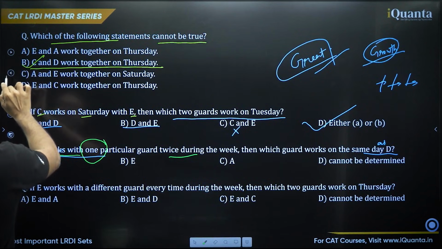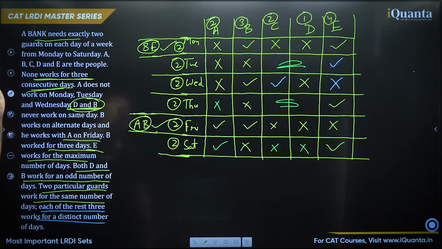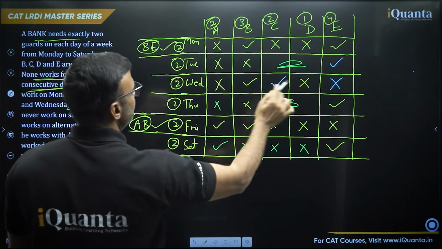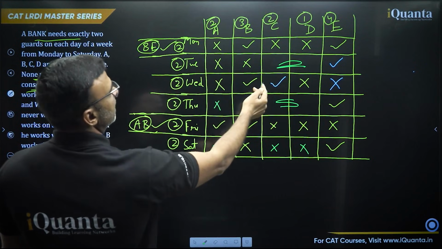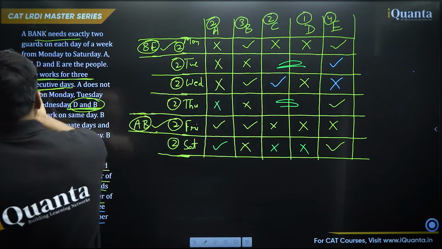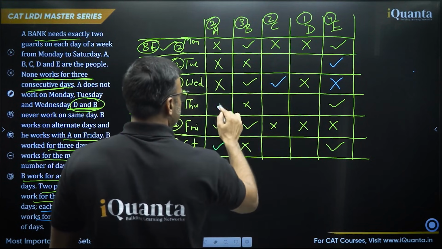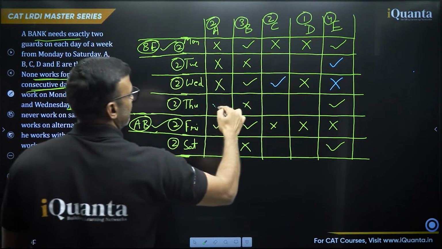What if I take A on Saturday? Just 1 second. E is already working with B, so E will not work with B for sure on Wednesday. So we have removed it, and that gives us the whole situation, right? Now, what if I take E and A together on Thursday?